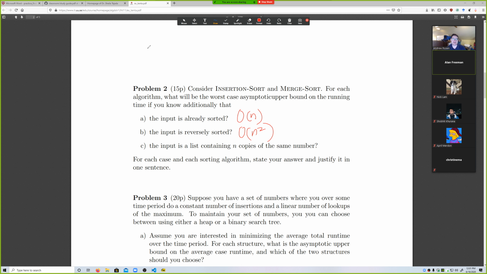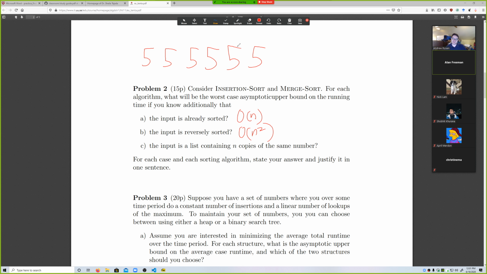Now, what if it's a list of n copies of the same number? Isn't that technically already sorted then? That is technically already sorted, and I would accept that answer.